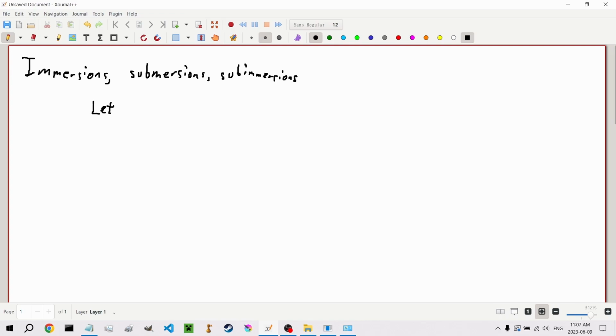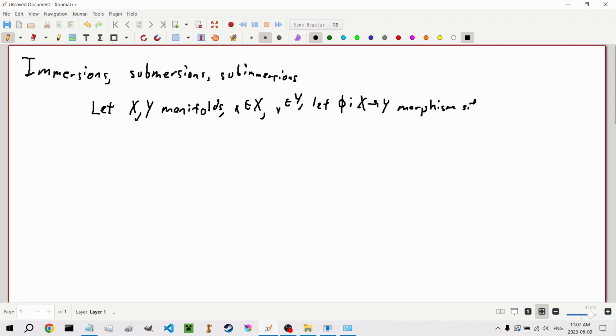So we're going to let X and Y be manifolds, with element x in X, element y in Y, and let phi from X to Y be a morphism such that phi of x is y.